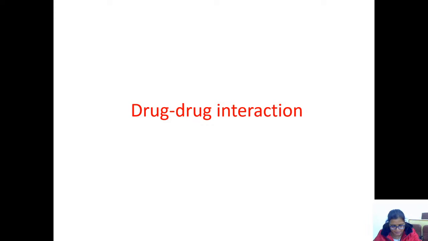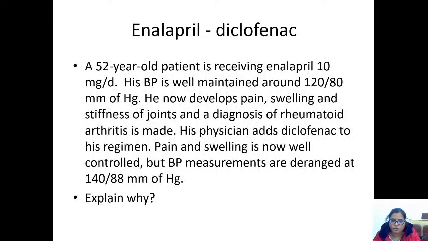These terms may sound vast or vague, but the point is what one drug affects for the other, whether it affects pharmacokinetics or pharmacodynamics. So let's take our first case.